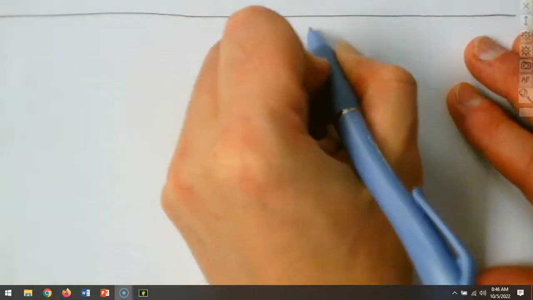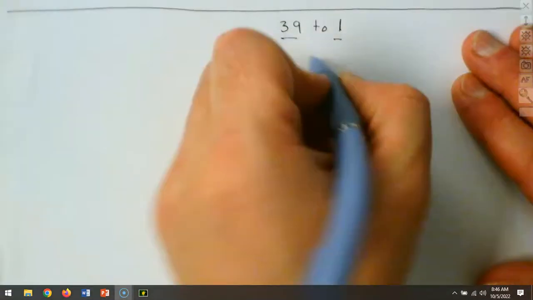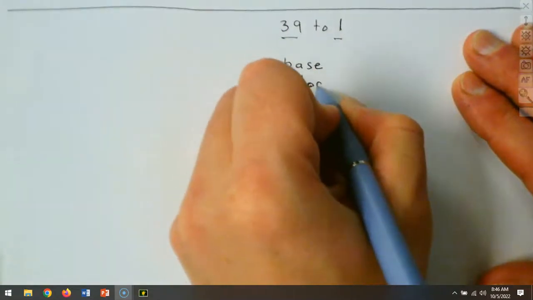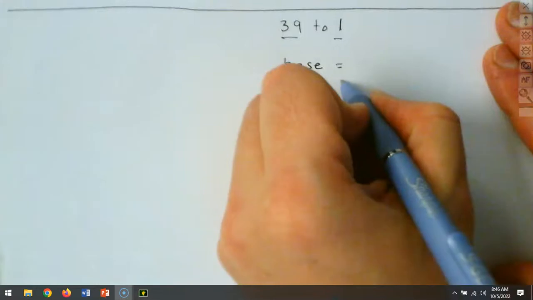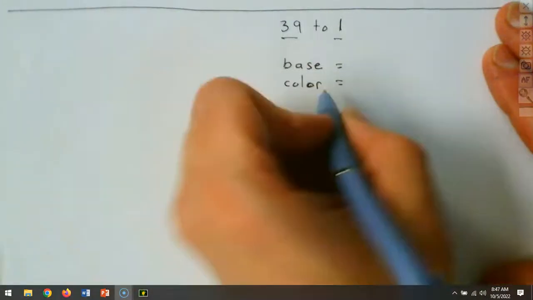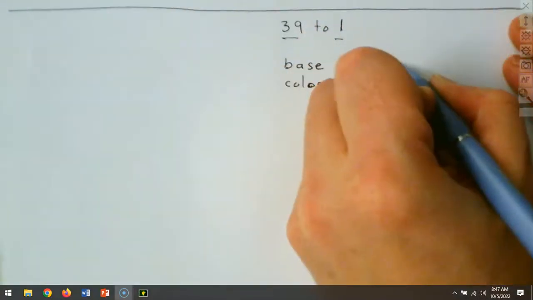So let's see what we've got when we read this. A paint mixture contains 39 gallons of base for every 1 gallon of color. So it's going to be a 39-to-1 ratio. And what does that mean? Well, the color we don't know, but the base is going to be 39 times as much.